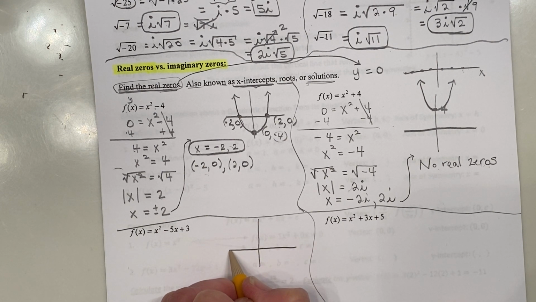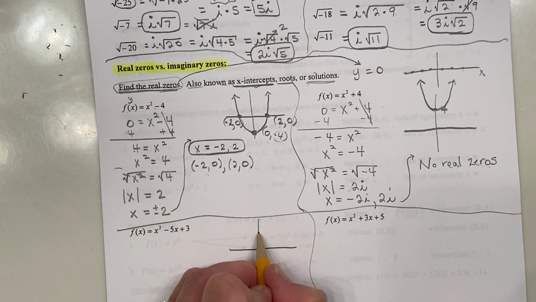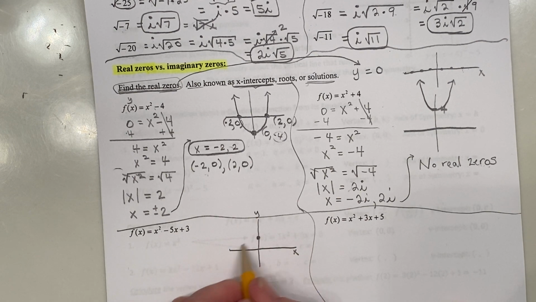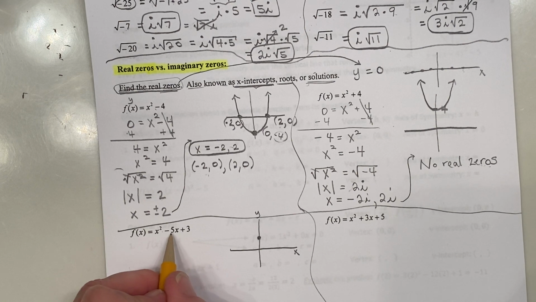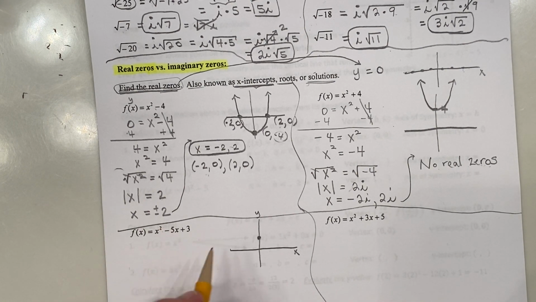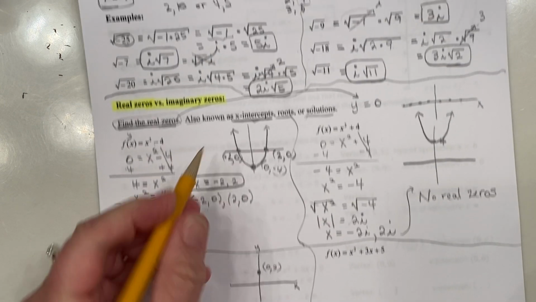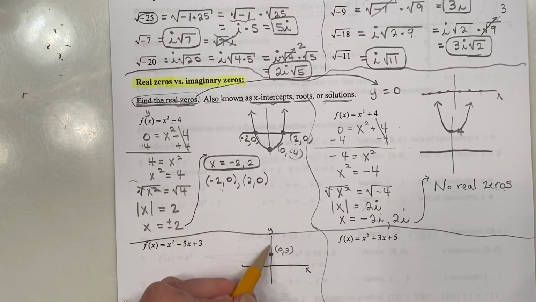This is what the graph looks like of this quadratic equation. It actually has a y-intercept. So this is the x-axis and the y-axis. This graph has a y-intercept at 3. So this ordered pair, (0, 3), is where this parabola cuts through the y-axis.